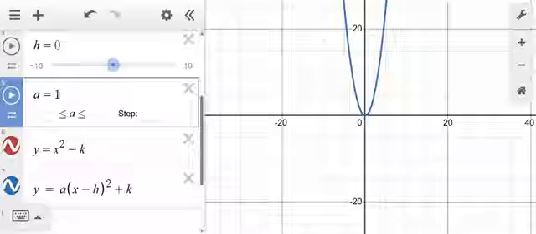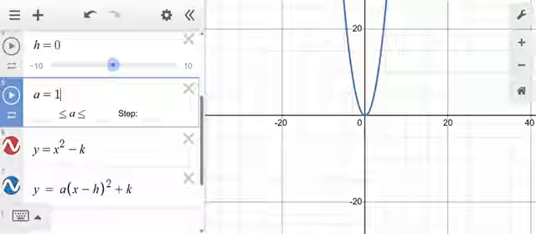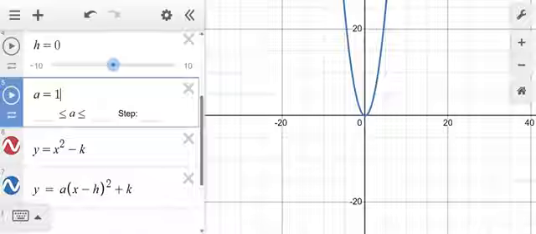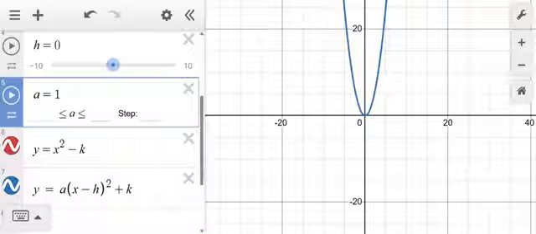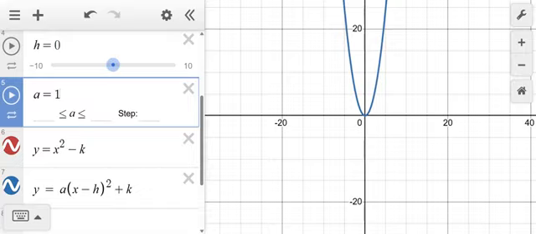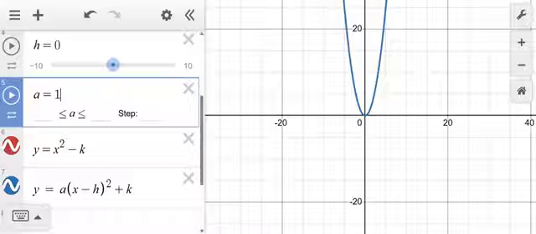So if a number is bigger than 1, it is being stretched. What is a number that is smaller than 1? What number is going to compress this parabola? Talk with the person next to you. Give me an example of a number that's going to compress this parabola.